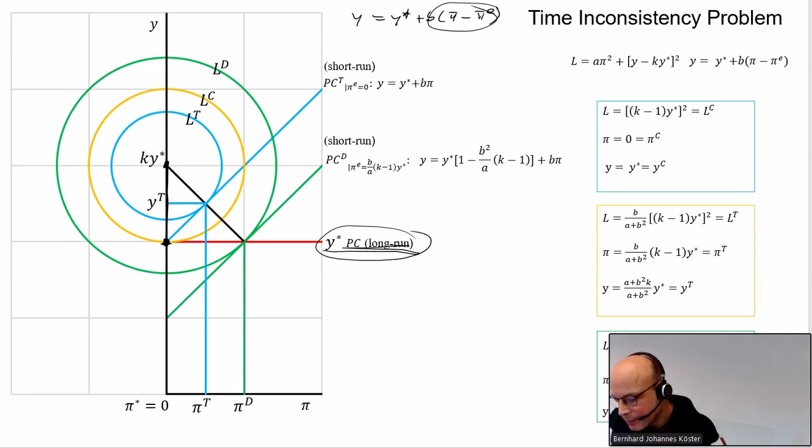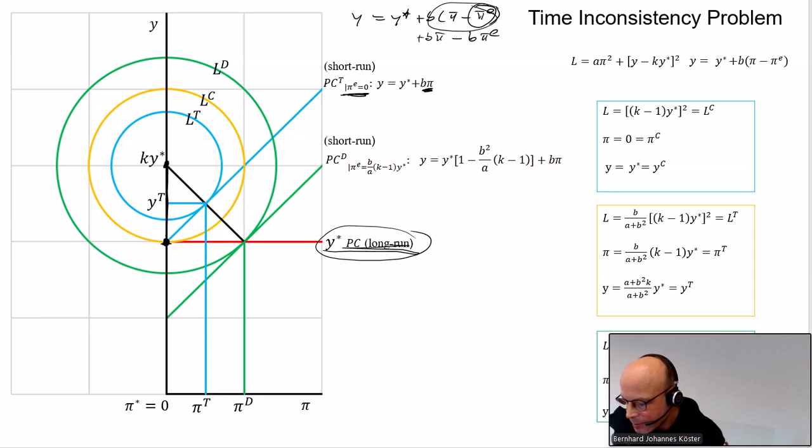Then, in this deception case, we are surprising the public. So we are not setting pi to 0, but the public expects that inflation is 0. And this means that in this case, the Phillips curve has not this part here, b pi minus b pi e.